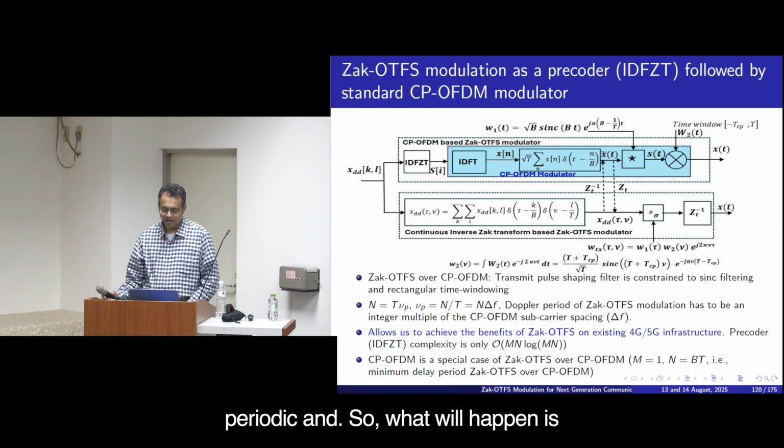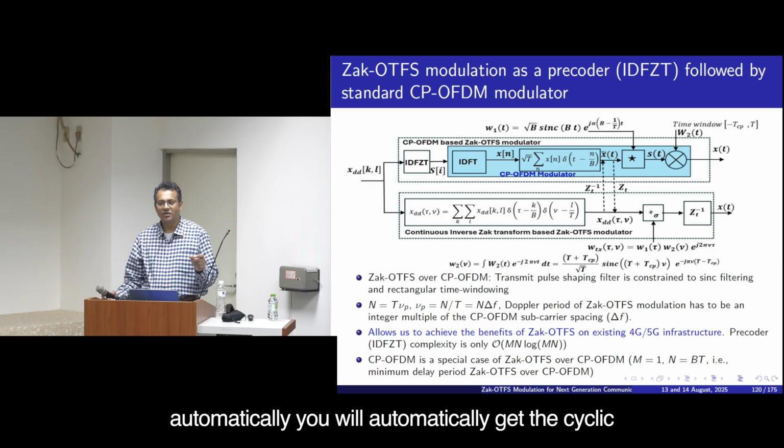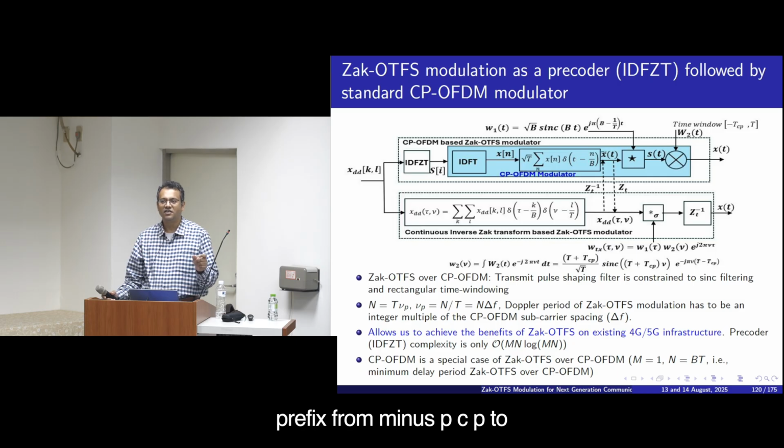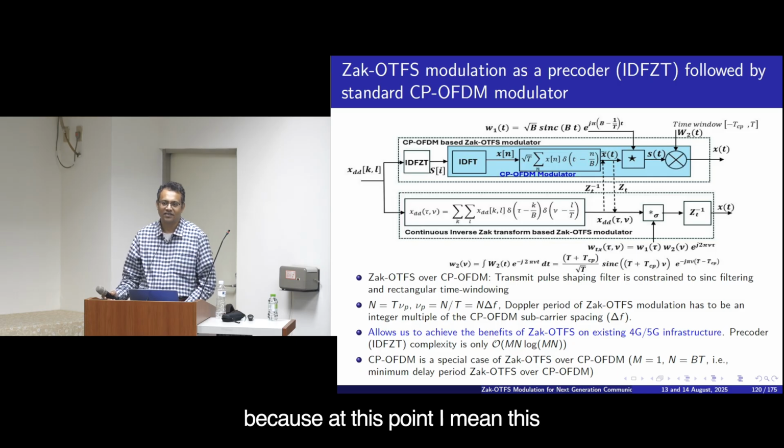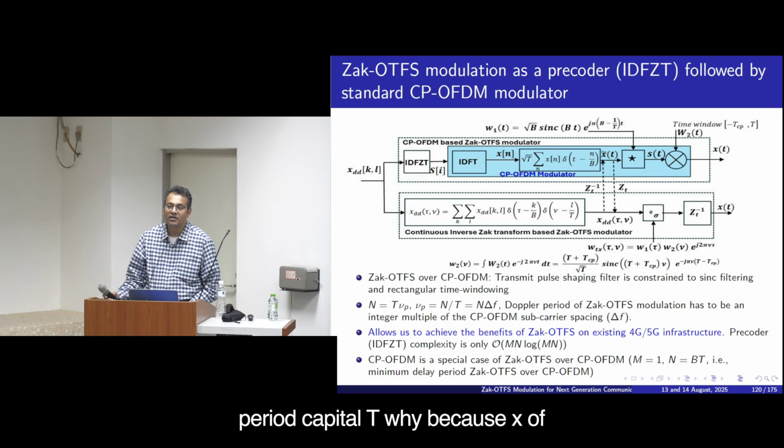And so, when you put this window, you will automatically get the cyclic prefix. From minus T_CP to 0, it will be the cyclic prefix, because at this point x tilde(t) is basically a signal which is periodic with time period capital T.